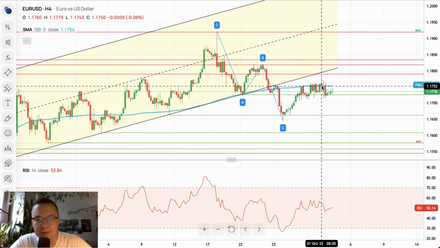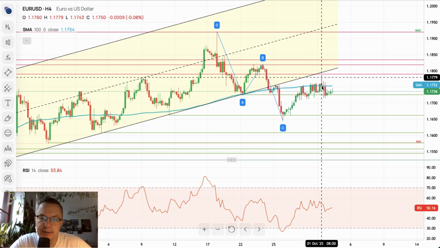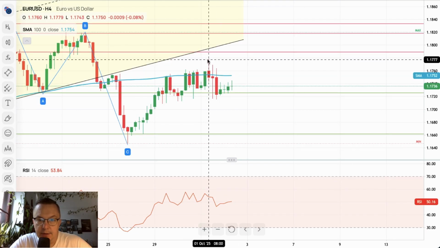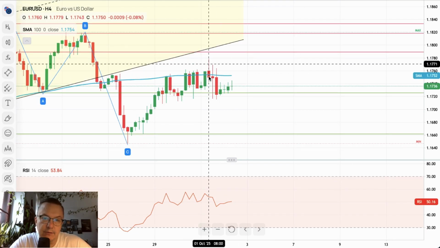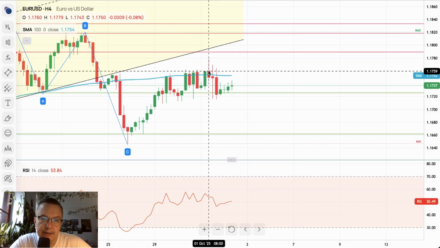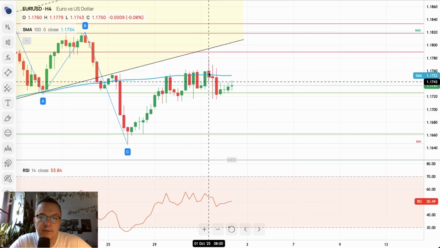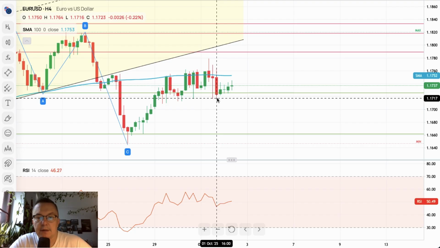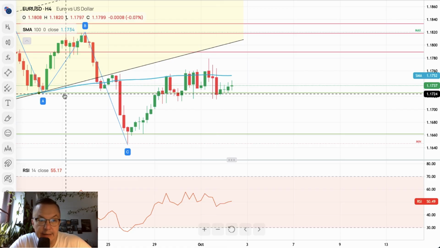There was of course a breakout higher, 1.1779, but this candle is showing us that the situation here was quite bearish anyway. Long upper shadow, red candle telling us supply coming in, false breakout, reversal to the downside. Level of 1.1717 looks like the major technical support for the intraday traders.